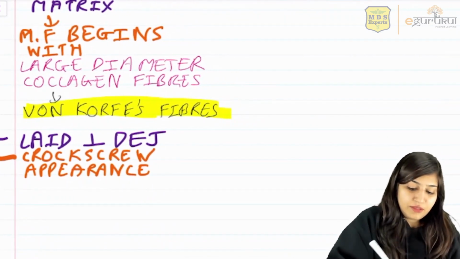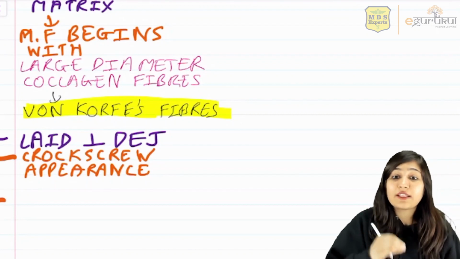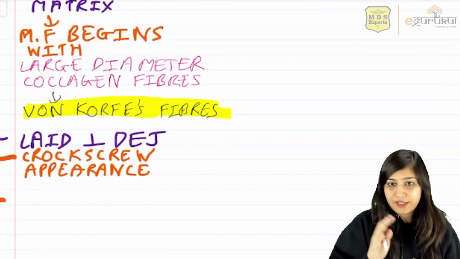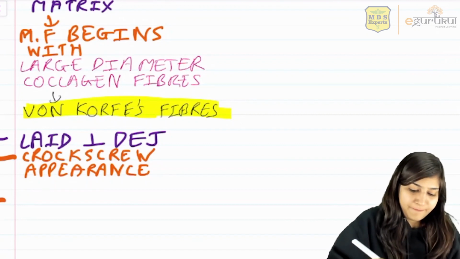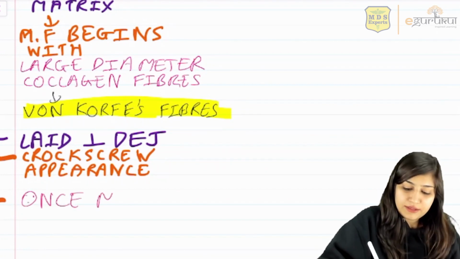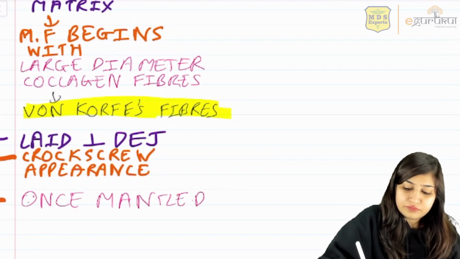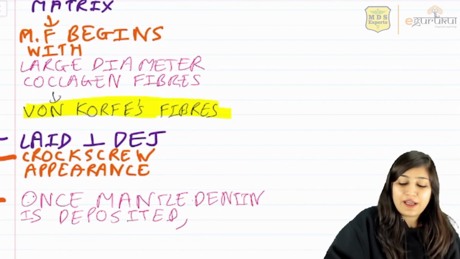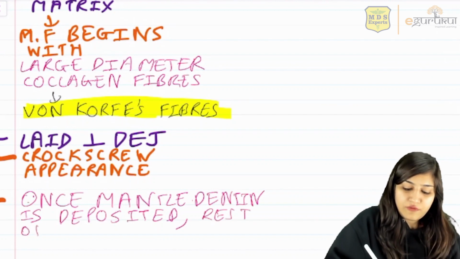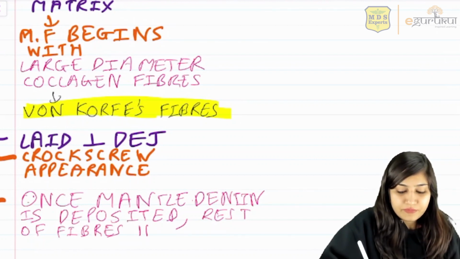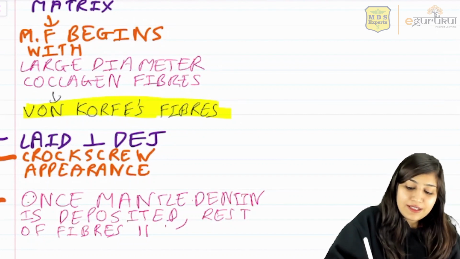But once mantle dentin is deposited, the rest of the collagen fibers will be laid parallel, not perpendicular, to the DEJ.